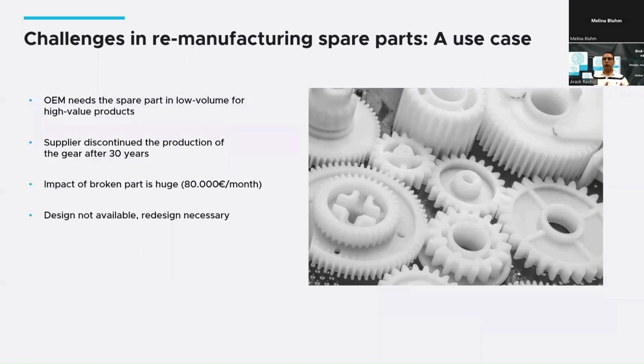The supplier doesn't provide these spare parts, these gears, because it's 30 years later, and the impact of these broken parts is relatively huge. They lost a couple of thousand euros per month and machine that is not working. And of course, as this part was more than 30 years old, there are no CAD files or design available, so you need to redesign it.